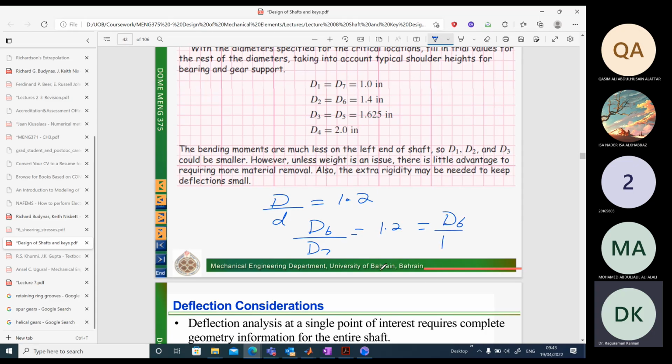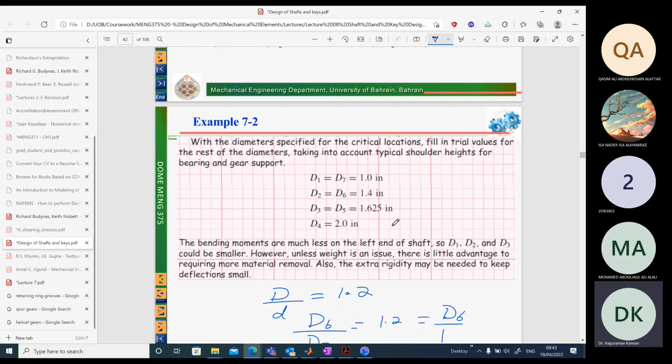So D6 could be 1.2 inches or some other value. So he has taken a value greater than 1.2 inches and assumed it is 1.4 inches.